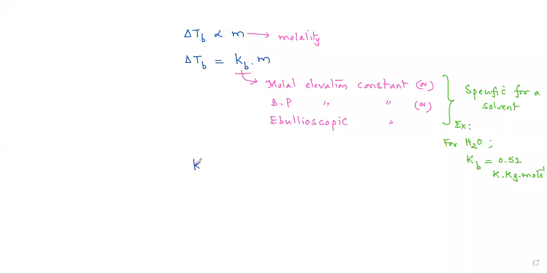This KB can be given as R T naught B square by 1000 into LV, where this R refers to gas constant, T naught B is anyway the boiling point of the pure solvent, and this LV is the latent heat of vaporization.